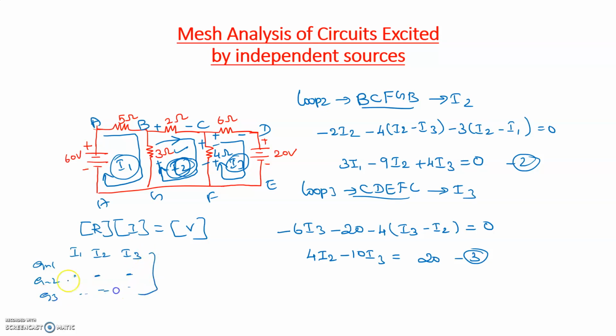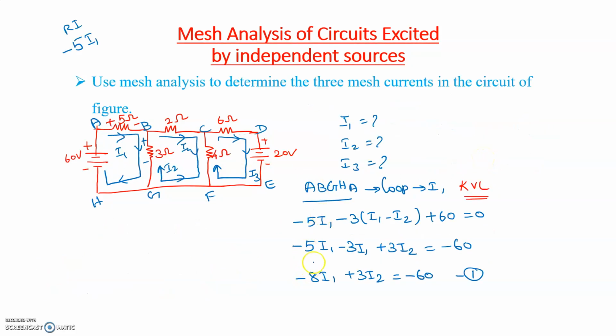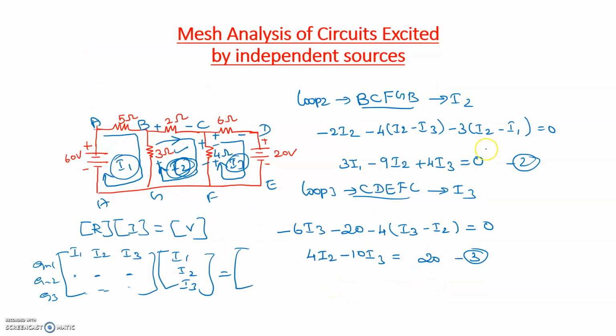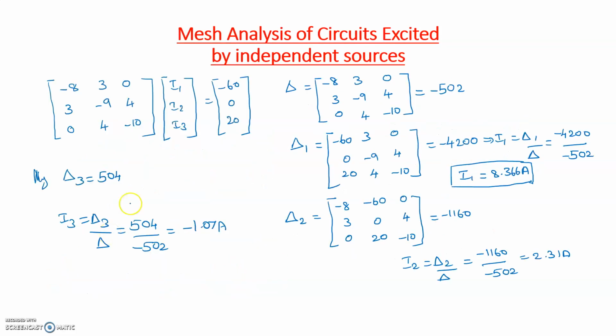So we get the resistance matrix, into the unknown currents I1, I2, I3, equal to the right hand side values: for the first equation it is minus 60, for the second equation it is 0, for the third equation it is 20. So minus 60, 0, 20. Like that we have to form the matrix. This is the matrix which I have taken from equations 1 to 3, combining these 3 equations.